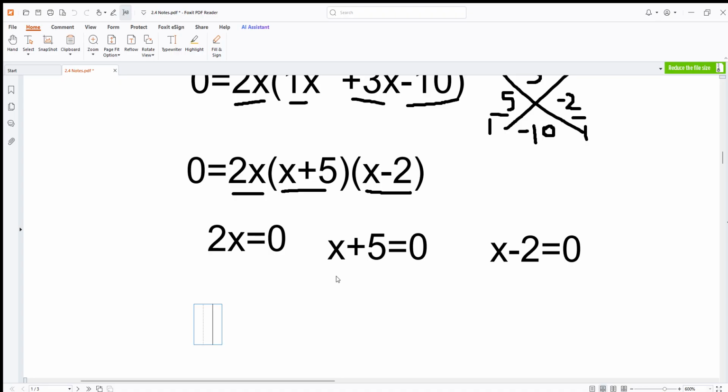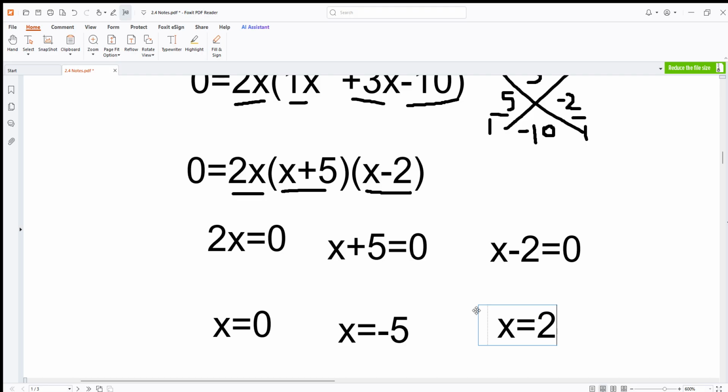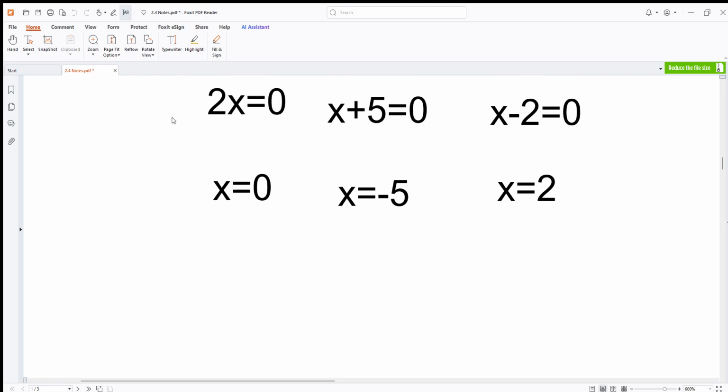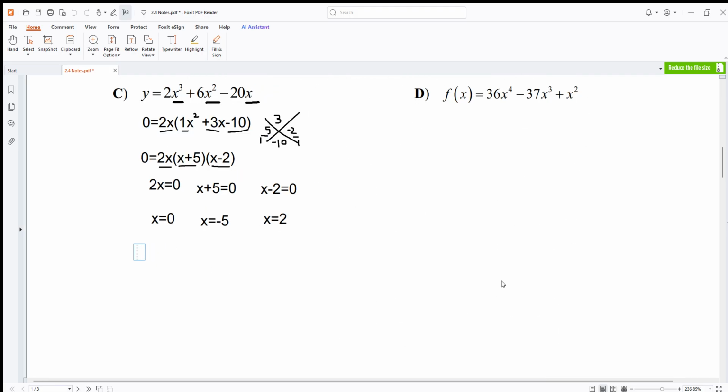So the first thing, if I divide by 2, we get 0 back. The next one, if I subtract 5 both sides, right? And the next one, if I add 2 both sides. Right, so if I had to write, what are my zeros? We'll get 0, -5, and 2.